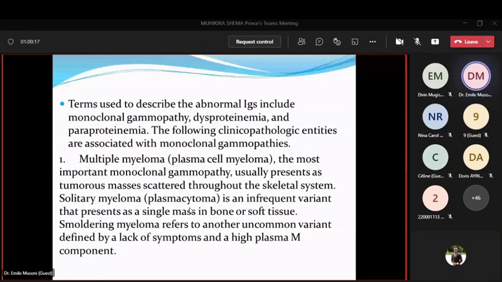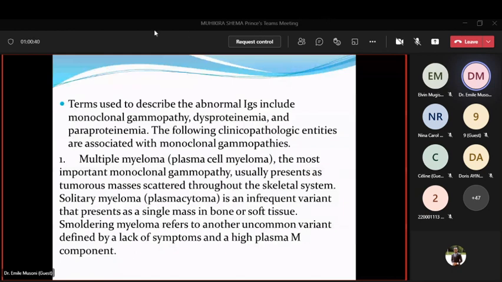The terms used to describe the abnormal immunoglobulin include monoclonal gammopathy, dysproteinemia, and paraproteinemia. So the following clinicopathological entities are associated with monoclonal gammopathy. For example, multiple myeloma. This is the most important monoclonal gammopathy.